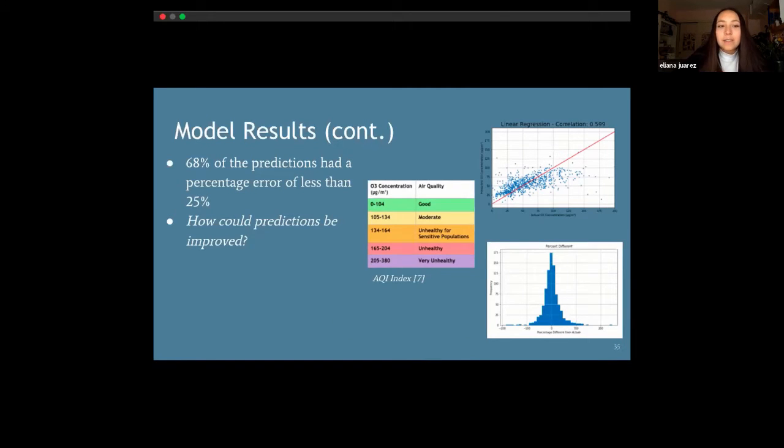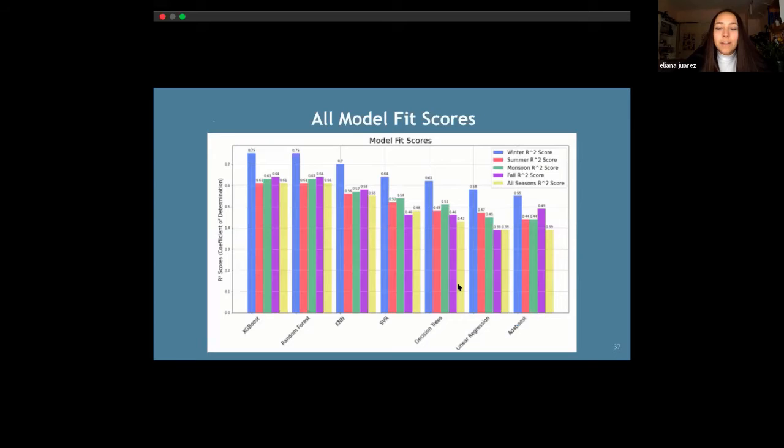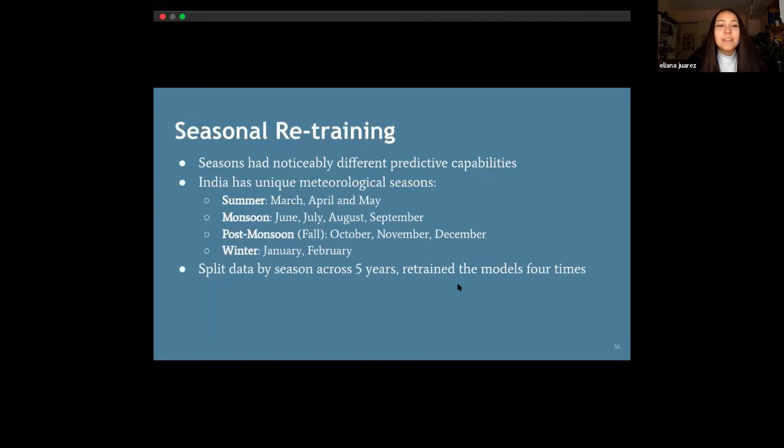But after this, we asked, how could these predictions be improved? So we remembered earlier from our forecast time scores that the seasons tended to have a noticeably different predictive capability. So we did a bit more research and we found that India had 4 unique meteorological seasons that were different from the first split.